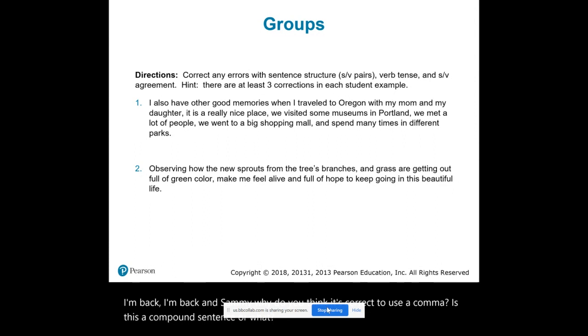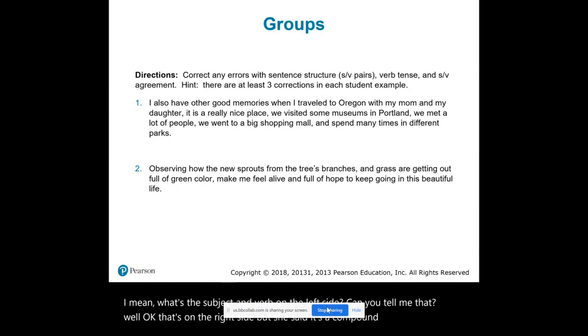Okay, it kind of looks like it. I mean, what's the subject and verb on the left side? Can you tell me that? The subject is grass. Well, that's on the right side, but she said it's a compound sentence.